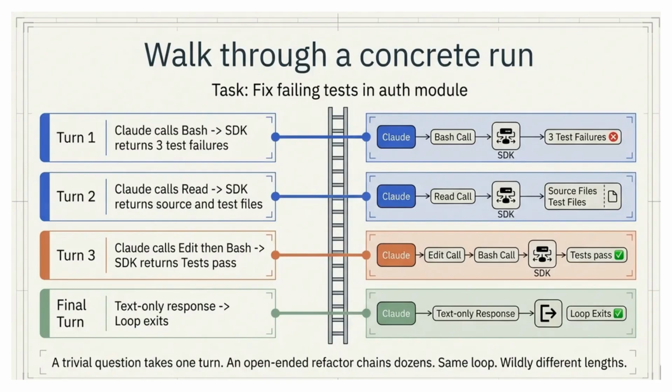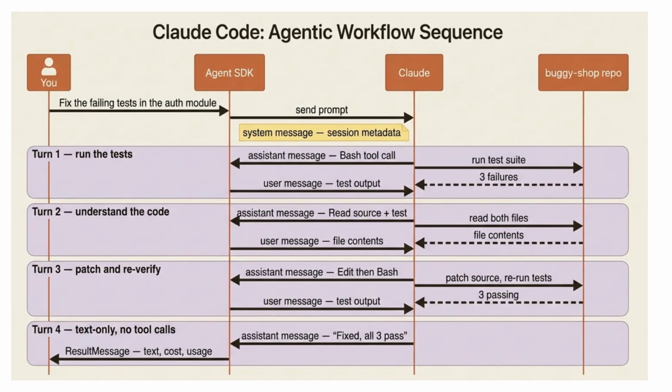On the final turn, Claude produces a text-only response with no tool calls. "Fixed the auth bug. All 3 tests pass now." The SDK emits that final assistant message, then a result message with the same text plus cost and usage. That was 4 turns, 3 with tool calls, and 1 final text-only response.